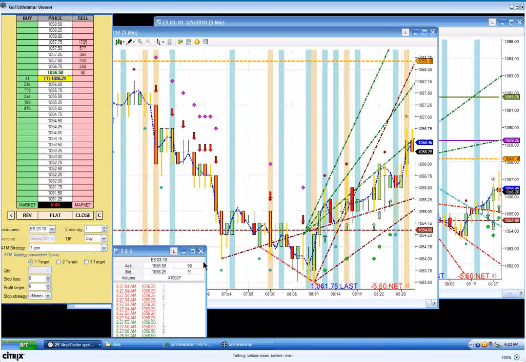It is presently hitting what we call one of our geometric fractals, this green dotted line. And as you can see, we have several of these. We have the green and the maroon, the red, and on this 3 minute chart, you can actually see the turquoise. These represent support and resistance in the market and give you the range that the trend is moving in.